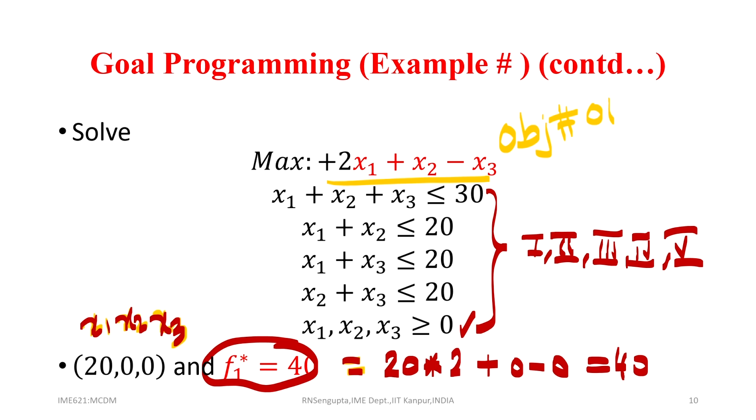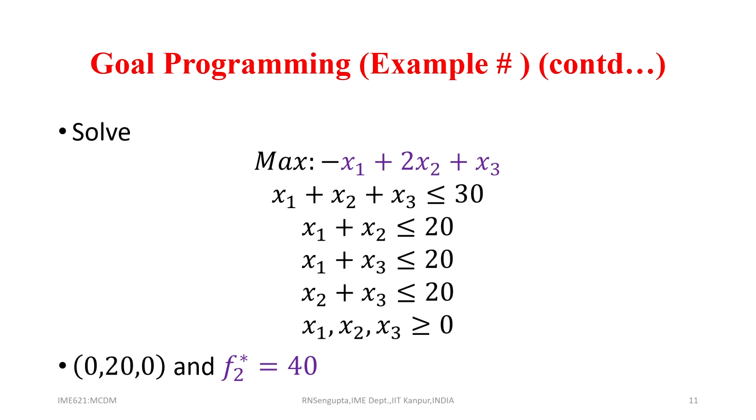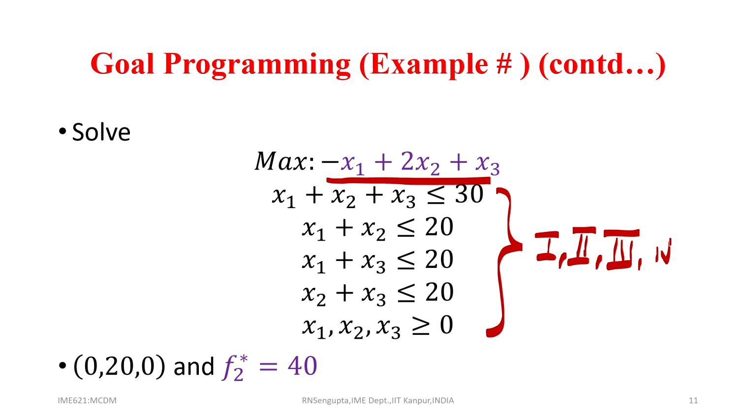Now, let us solve the second objective separately again, as a single objective. The objective function is what I am marking here, and the 5 constraints are here.